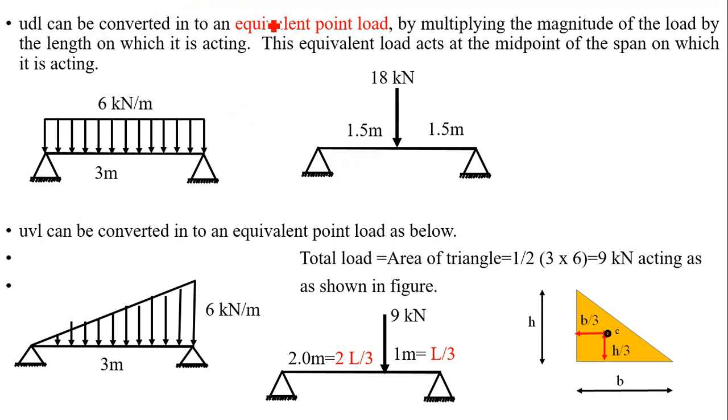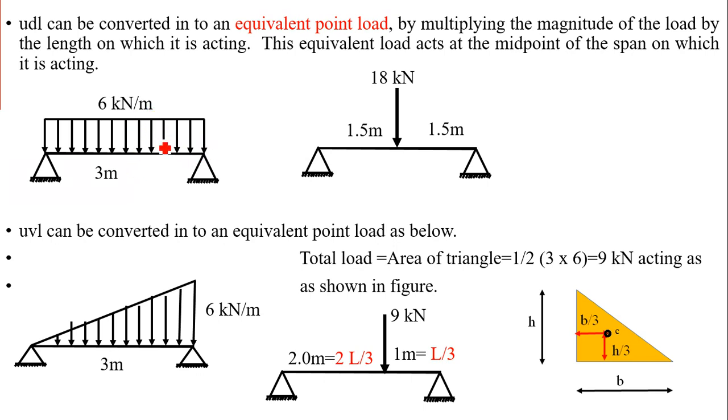So UDL can be converted into an equivalent point load by multiplying the magnitude of the load by the length on which it is acting. This equivalent load acts at the midpoint of the span on which it is acting. For example, a 3 meter span beam is given, which is supported by these two supports and is subjected to a uniformly distributed load of 6 kilonewton per meter.